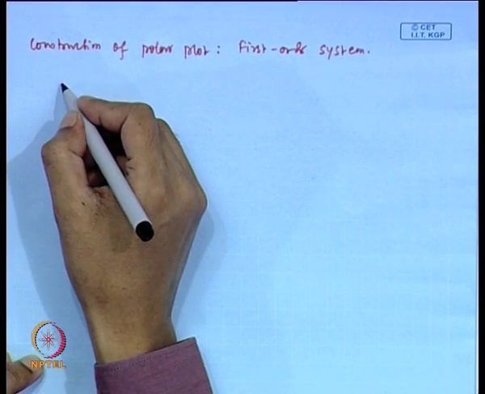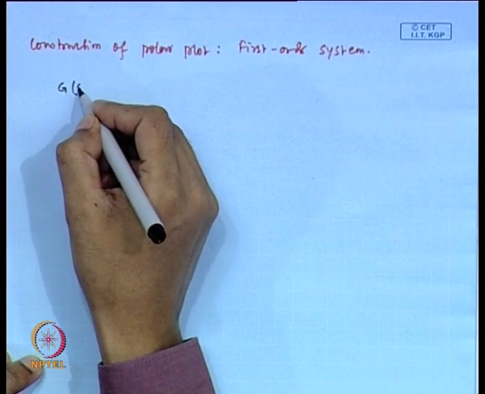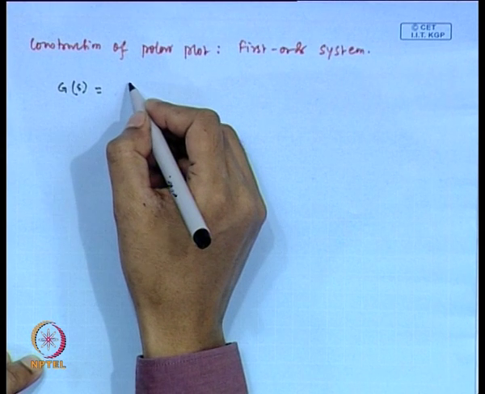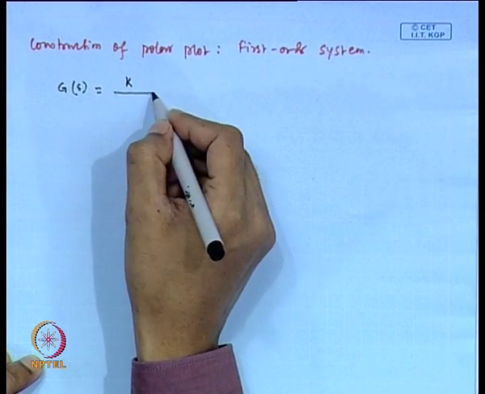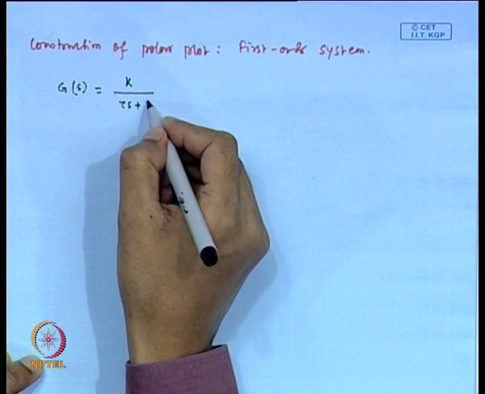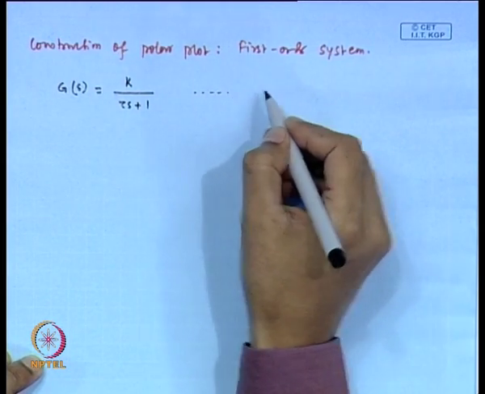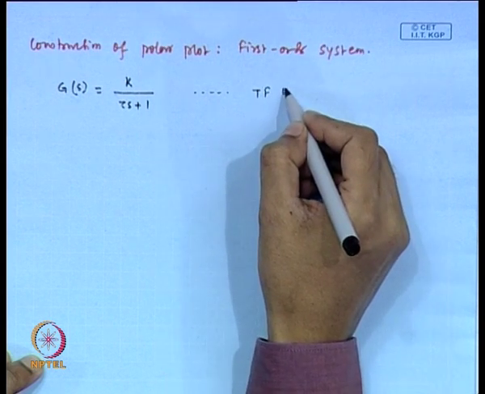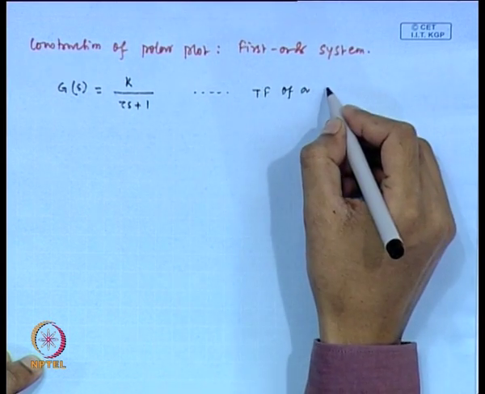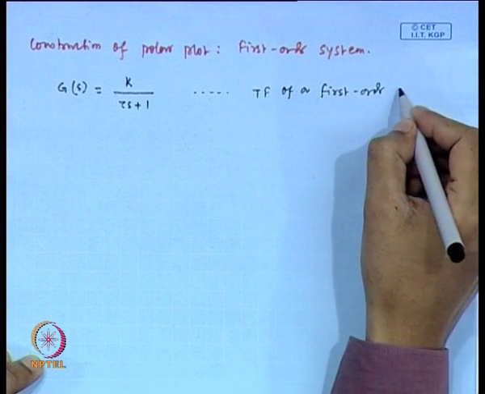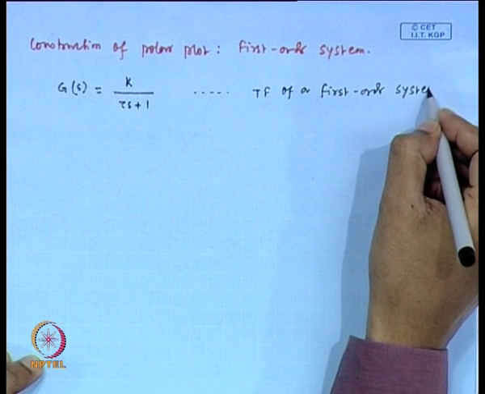The transfer function of a first order system we can write as k divided by tau s plus 1. Fine. This is the transfer function of a first order system.